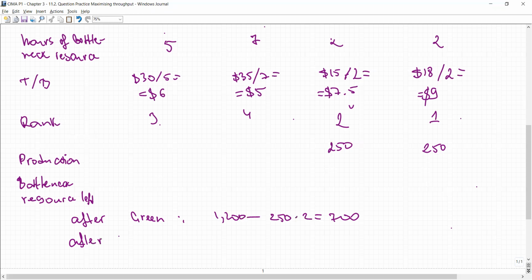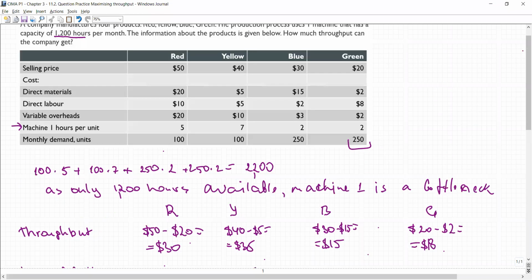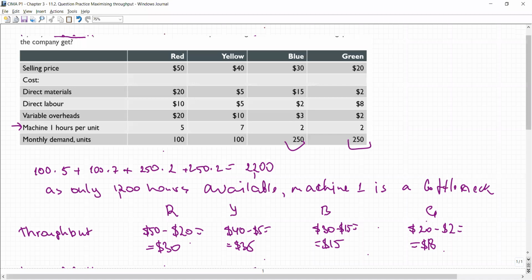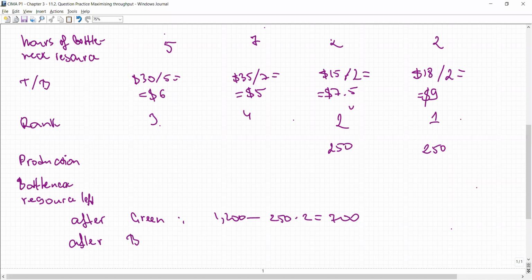And full demand is 250 as well. It's written here. And after blue, we will have 700, which is how many hours we had after we produced green. And for blue, we will need 250 units multiplied by 2 hours required to produce each unit equals 500.